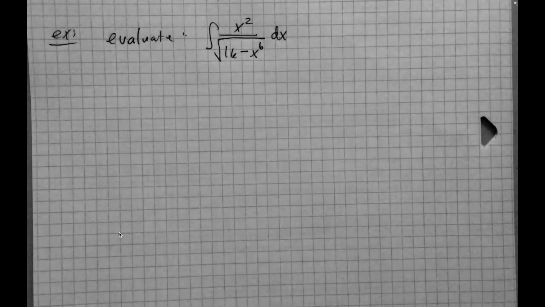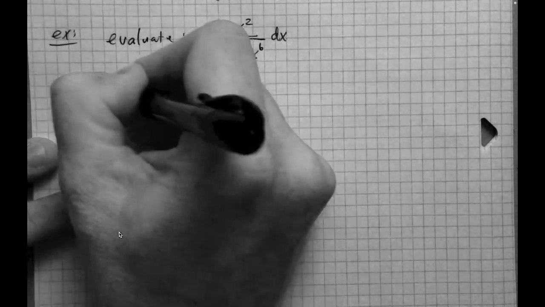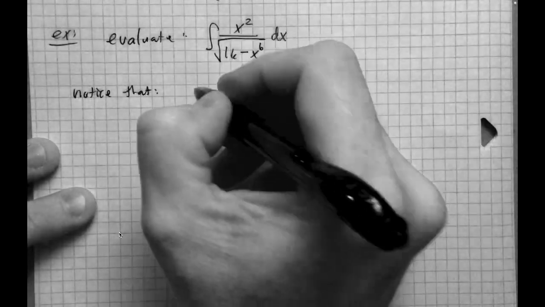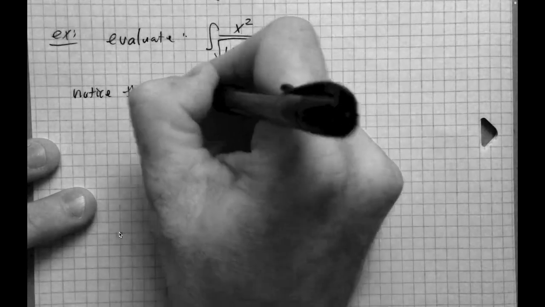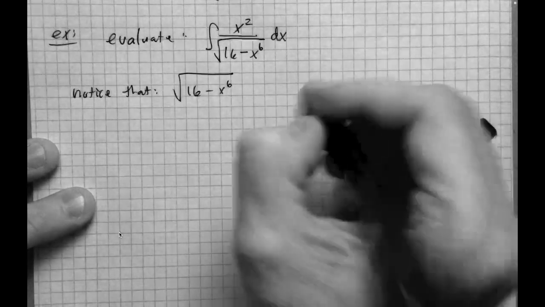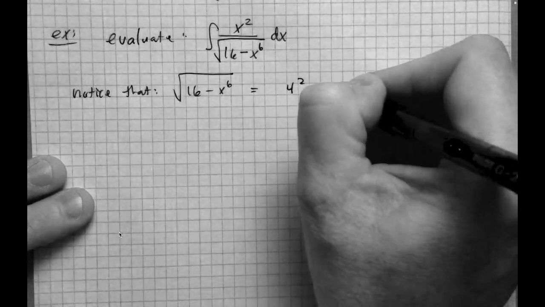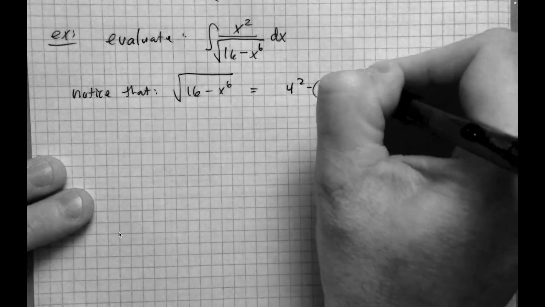Okay, and so notice that this radical here, this 16 minus x to the 6th, can be written as 4 squared minus x cubed squared.